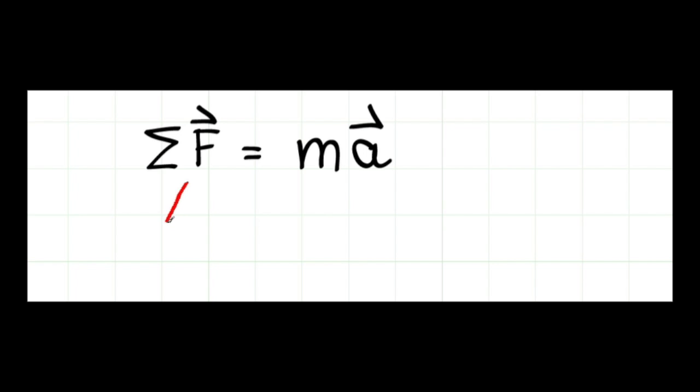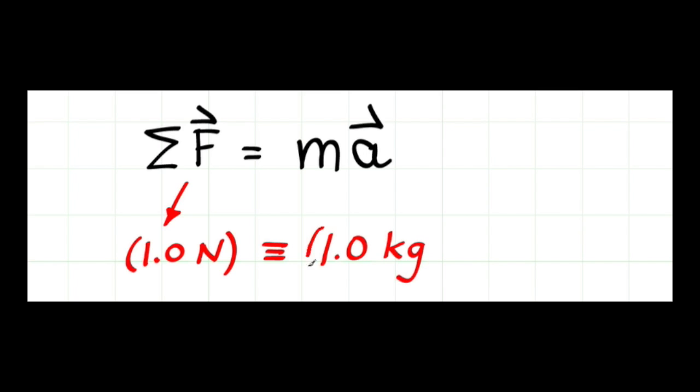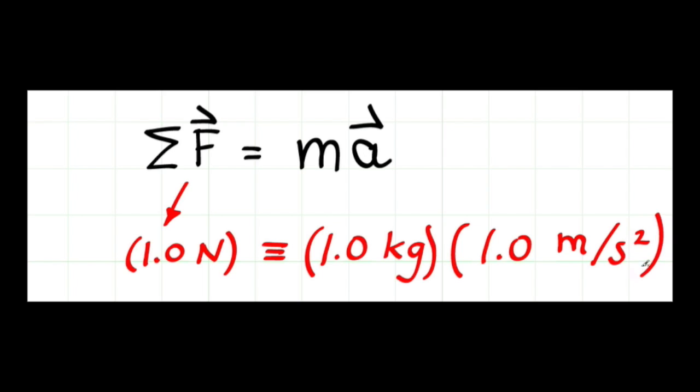At one point, people decided that 1 unit of force, i.e. 1 Newton, by definition would be the amount of push or pull that would accelerate 1 unit of mass, that is 1.0 kilograms, at a rate of 1 meter per second squared of acceleration.